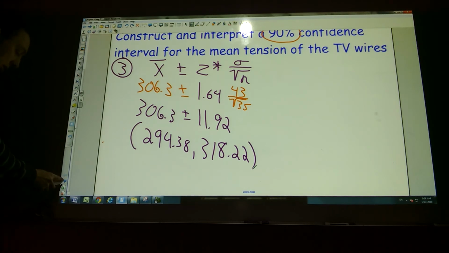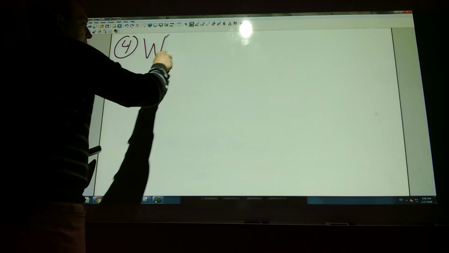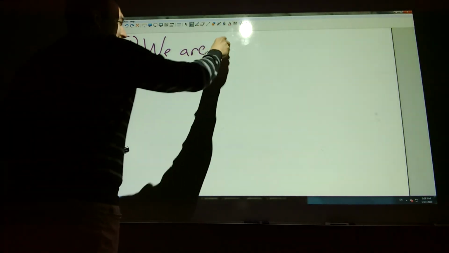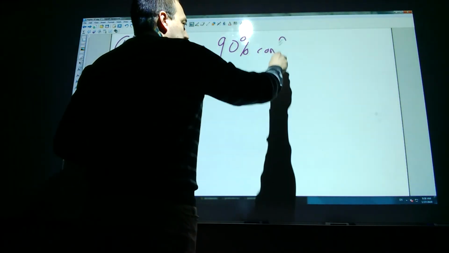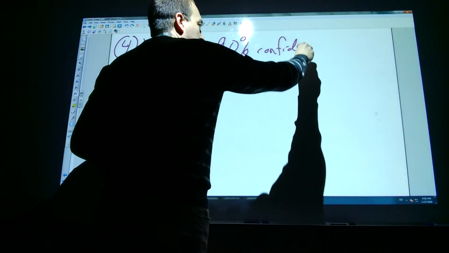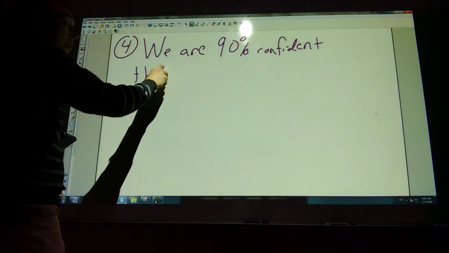Step 4 is called the interpretation. Interpretation. And here it goes. We are 90% confident that, and then what are we talking about? We're talking about the mean.